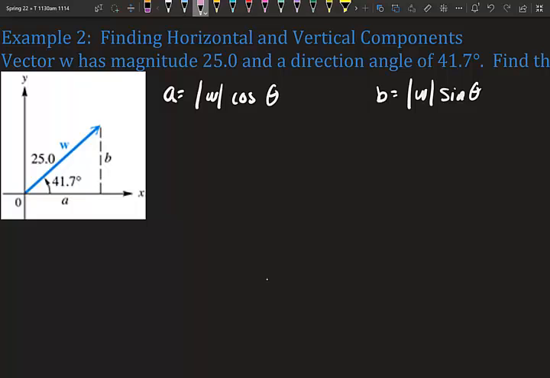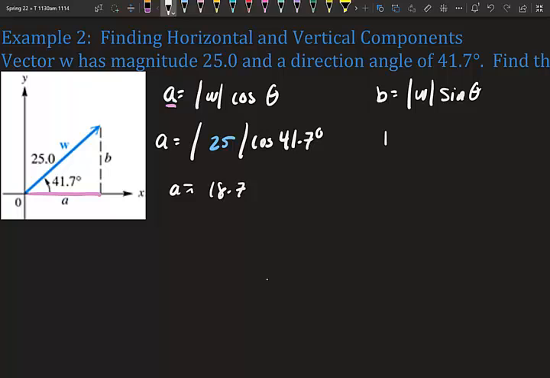So we have a equals 25 cosine theta. Our theta is 41.7 degrees, so we plug that into our calculator and you get about 18.7. We rounded to 3 significant digits because that's what we were given.